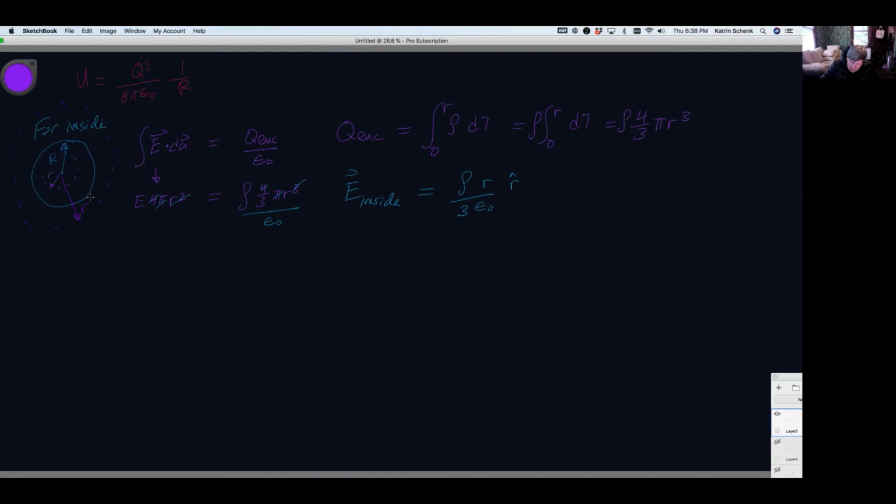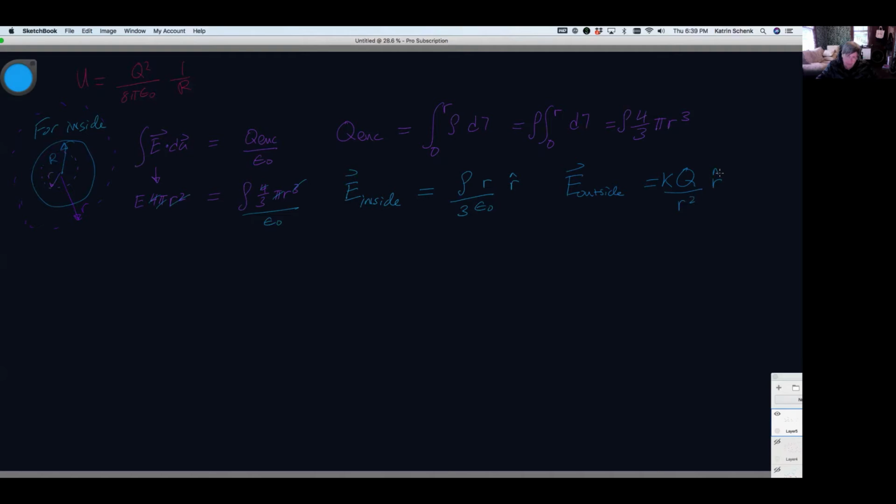So E outside is going to be equal to the total Q, because I've got all of the Q enclosed in my Gaussian surface, the outer one. So it's just kQ over r squared in the r hat direction.